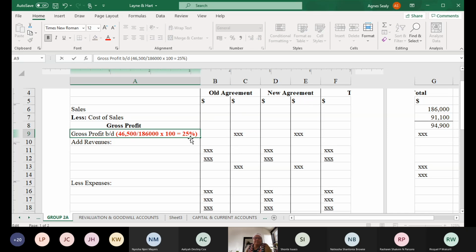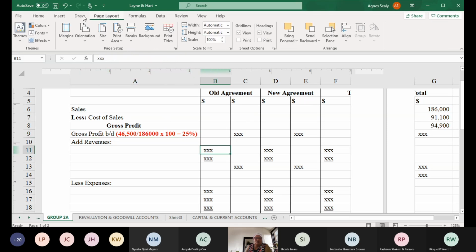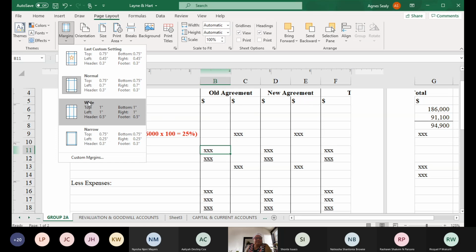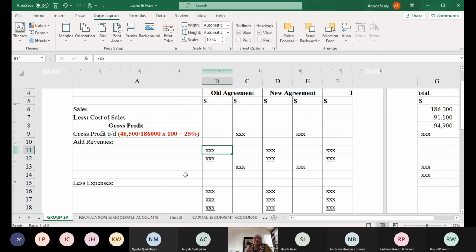So 25% of the sales were generated under the old, and the other 75% was generated under the new. That is what the person stated, so I am going with that: 25% of the sales were generated under the old, and the other 75% under the new.